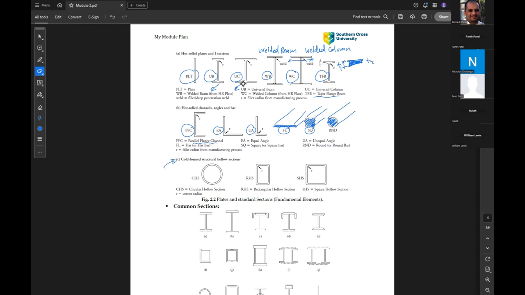For some of the cold formed section or structural hollow section, here is circular hollow section. So it is a square section but hollow. So this is lighter. So circular hollow section, rectangular hollow section, and square hollow section.